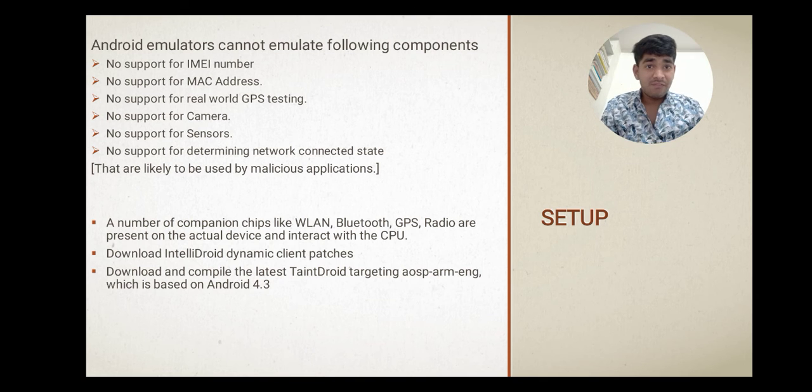A number of companion chips like LAN, Bluetooth, and GPS radio are present on the actual device and interact with the CPU. Download the IntelDroid Android dynamic client patches, and download and compile the latest Android targeting AOSP, ARM, ENG, which is based on Android 4.3.